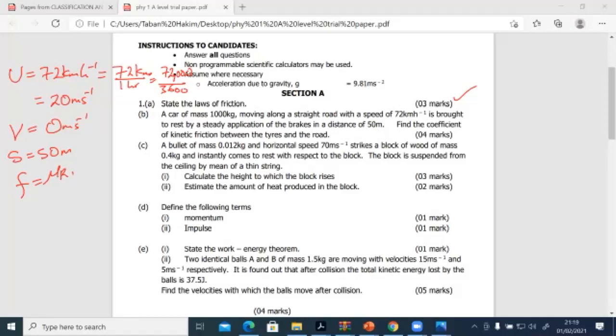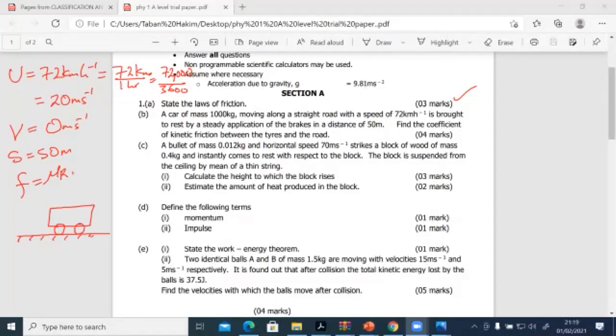Now, according to the question, the car was moving on a straight road. Assume that this is our road here, and this is our car. They're saying that it is moving with a speed of 72 kilometers per hour and brought to rest by a steady application of the brakes in a distance of 50 meters. Find the coefficient of sliding friction.